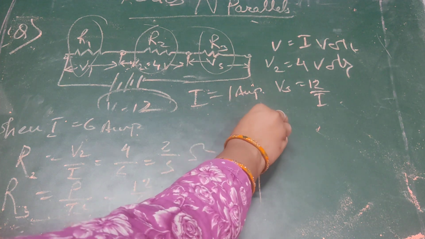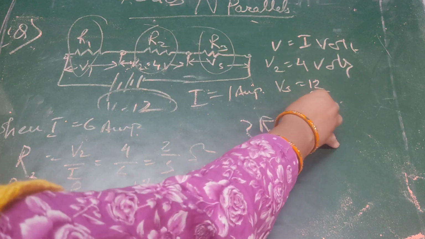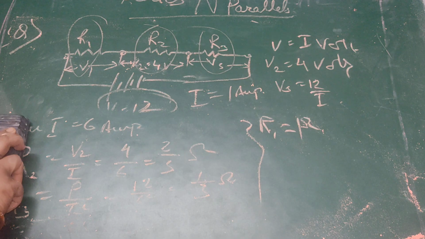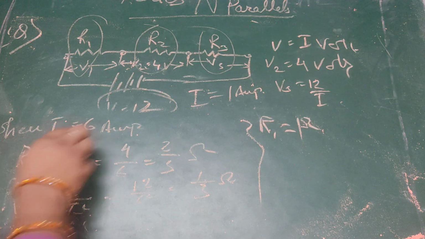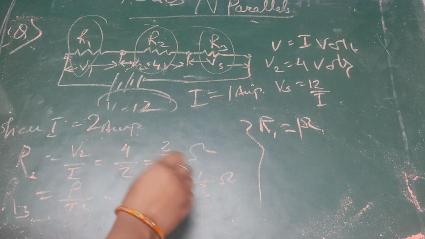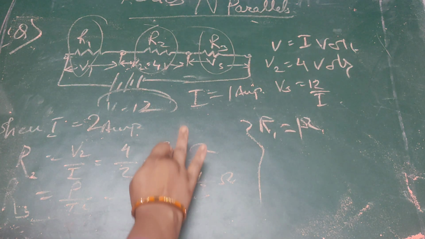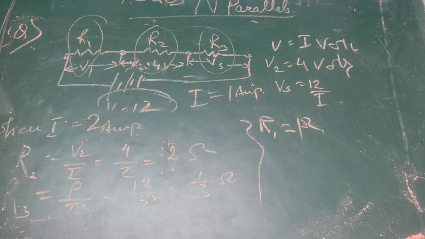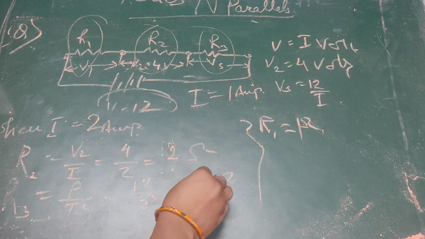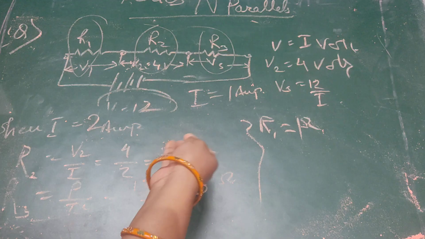As we know, it is given previously that R1 equals 1 ohm, so for R1 we don't have to do anything. Now the same we will do for 2 ampere. Just replace it by 2. We will get R2 as 2 ohm and R3 as 3 ohm. Again R1 is 1 only, and it's 2 and 3.